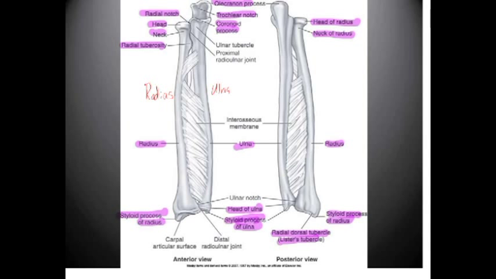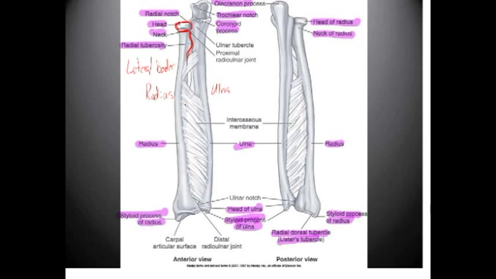But also, we see that the radius is on the lateral border, and the ulna is more medial. So if we begin by looking at just the radius, we see that the radius has kind of a cap-like area to it, and that is the head. Directly below the head, in this area here, is the neck. And so we do see that we have a jutting out of the radius, and that is the radial tuberosity.